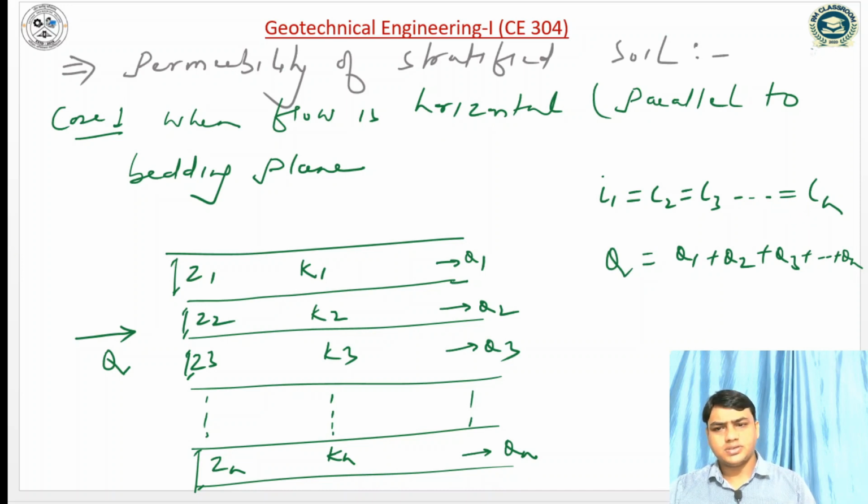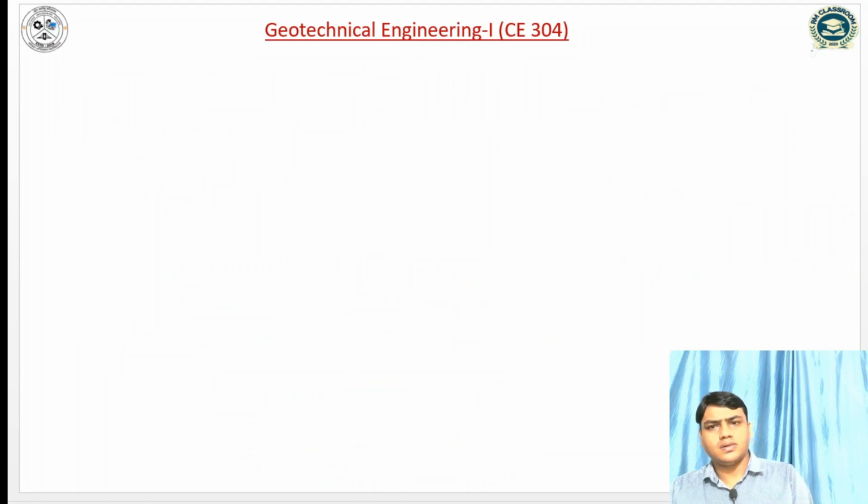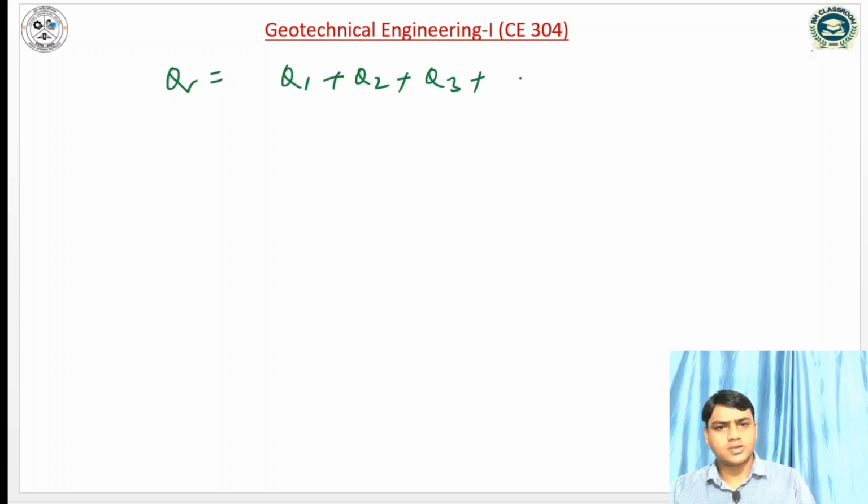So we can write Q is equal to Q1 plus Q2 plus Q3 plus Qn. And according to Darcy's law, we can write Q is equal to Kia.